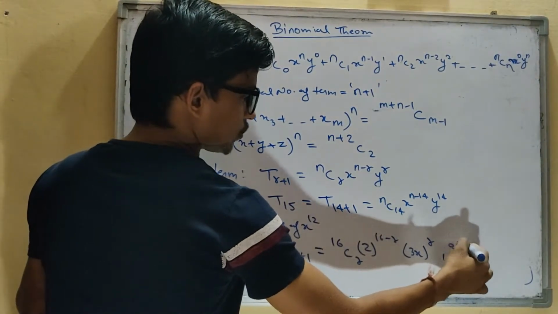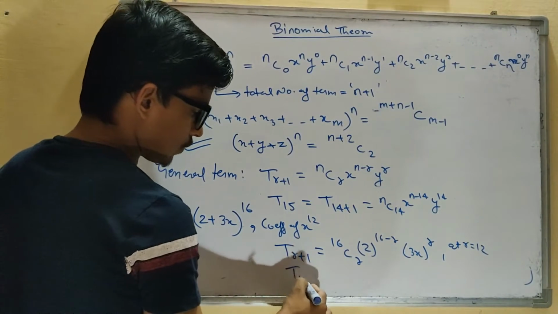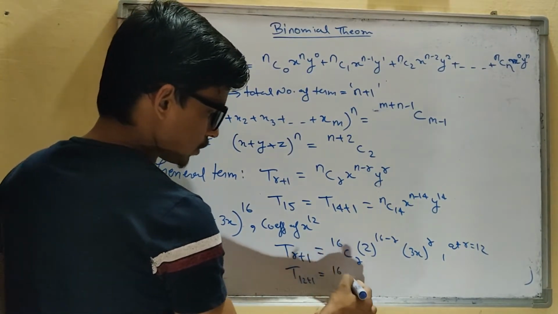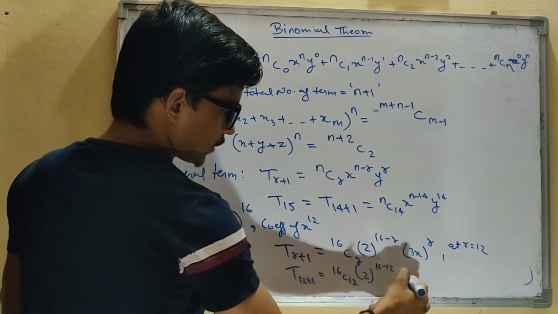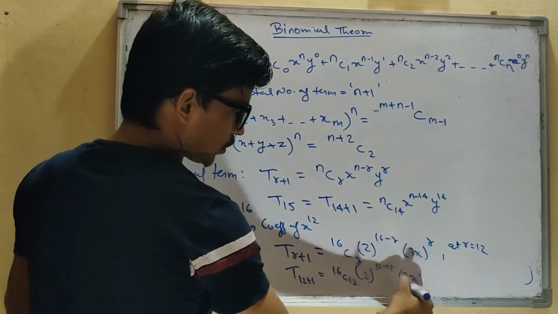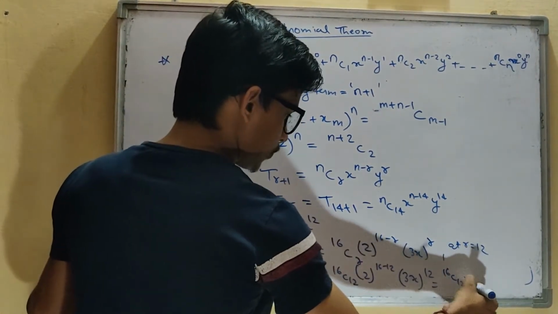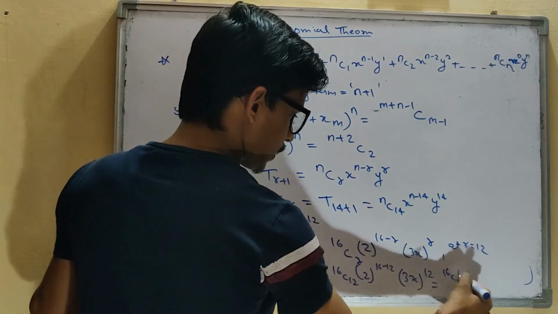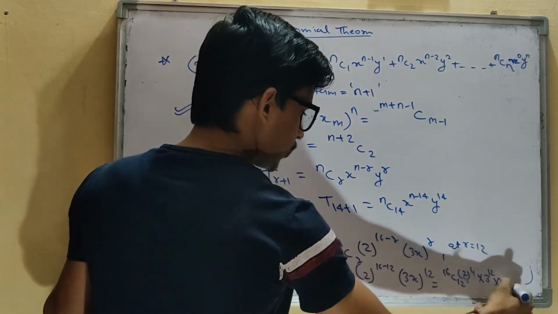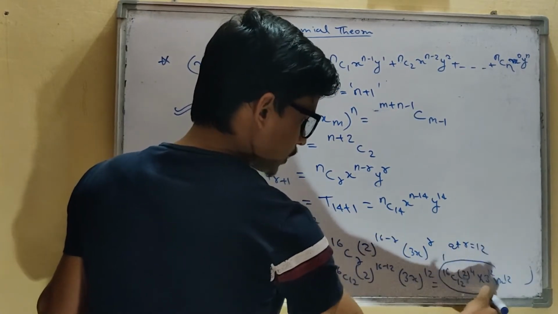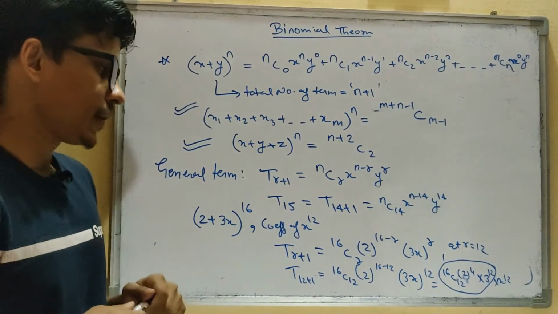Now at r = 12, the term is T(12+1), and this is going to be 16C12, 2^(16-12), and (3x)^12. Now it is going to be 16C12, 2^4, and this can be written as 3^12 and x^12. Now what is the coefficient? This term is the coefficient. Okay, so this is how you can do this, right?